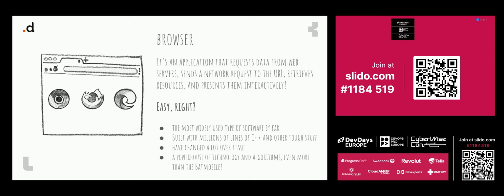They changed a lot over time because users' needs changed over time. They are a concentrated mix of technologies and algorithms, which makes a Batmobile look like a regular car. And trust me, I'm a Batman enthusiast, so it's very difficult to say something like this.